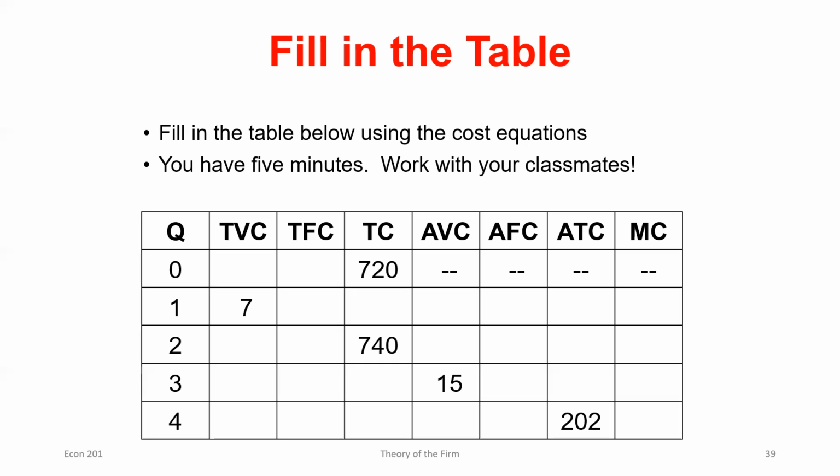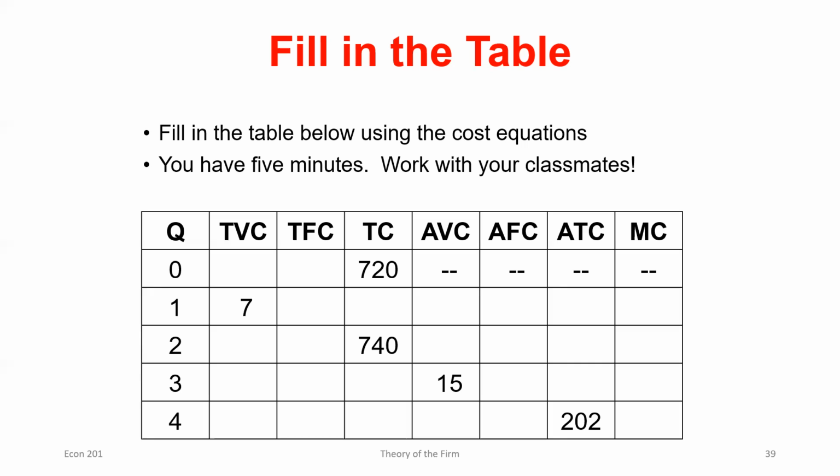From here, let's start to think about, is there anything else that I can figure out? Let's look where we have a row where we have the most information. That might be the easiest. Usually these fixed costs don't help me find a whole lot more.